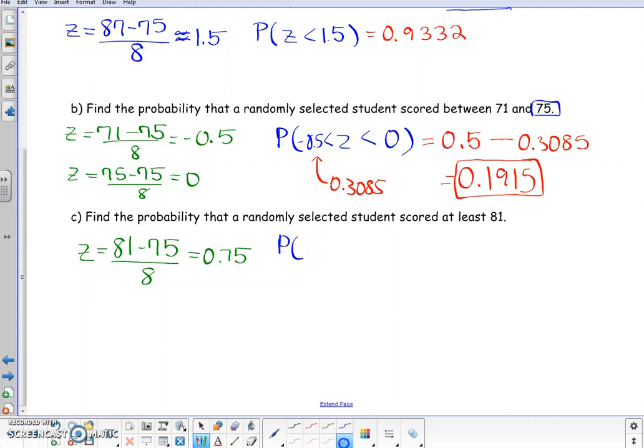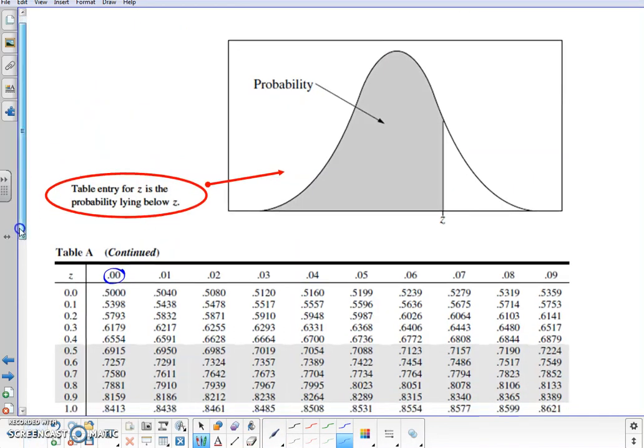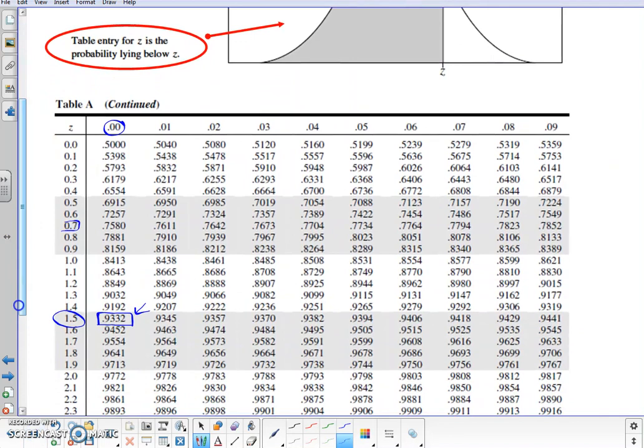So we want the probability that z is greater than or equal to 0.75. Okay. So turn to your z-table. Positive side. 0.7 is here. We've got to go over to the 5 column. So that's here, 0.7734.